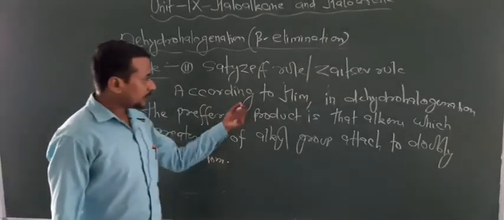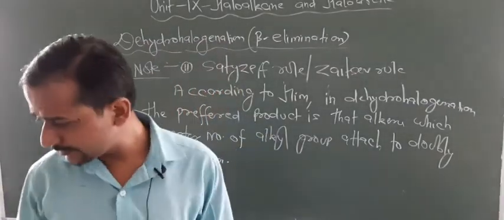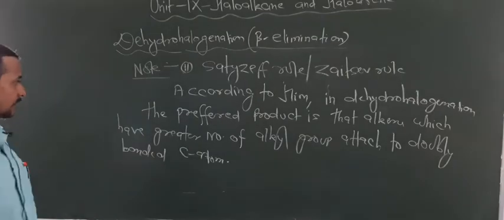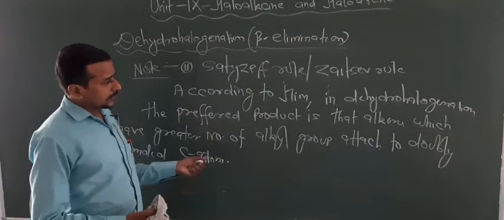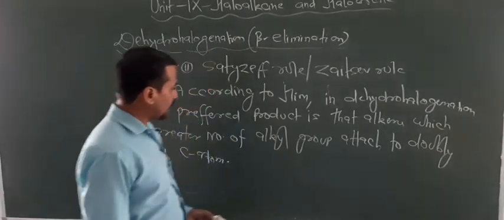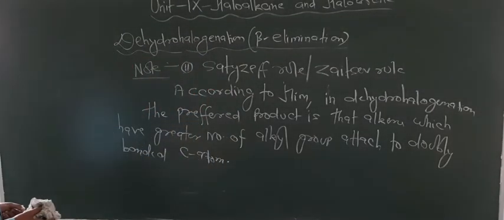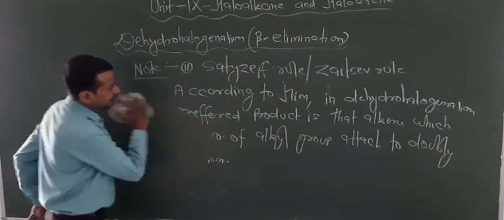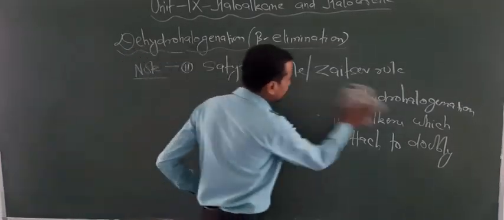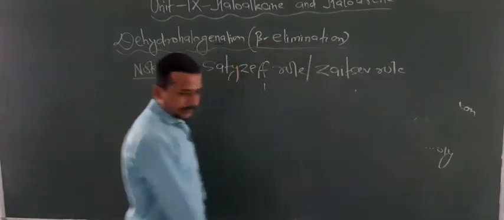So this is the rule of Saytzeff. That means the preferred product, that is alkene, is the one which has more number of substituents on the double bonded carbon atoms. Now you can also know this rule like this.